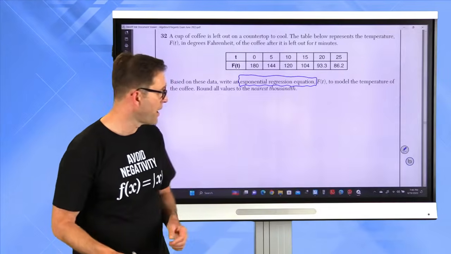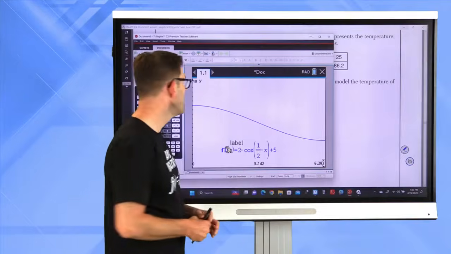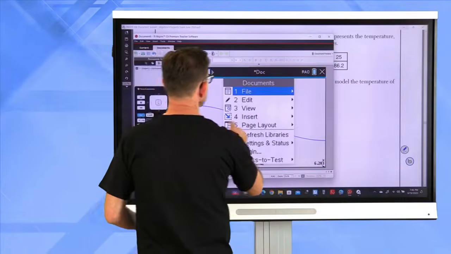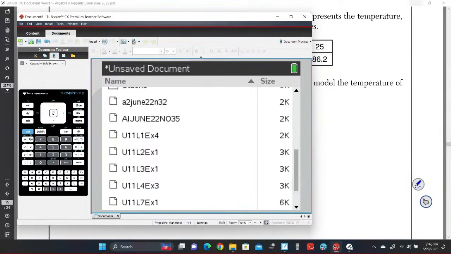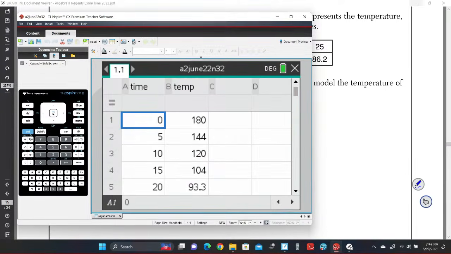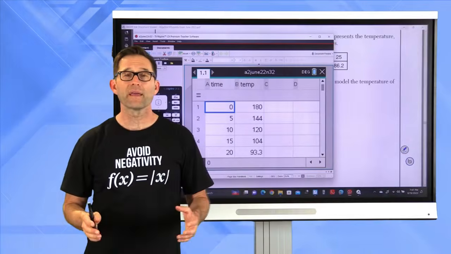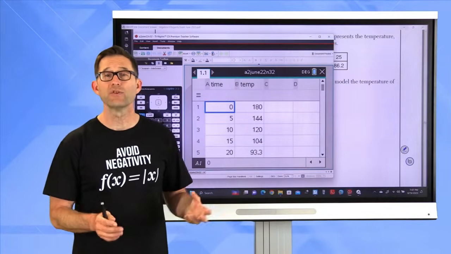Now, on the TI, what I've done is I've actually already put this data into a spreadsheet. So there it is. There is that data. What I like about the TI Inspire is you put the data in a spreadsheet format.